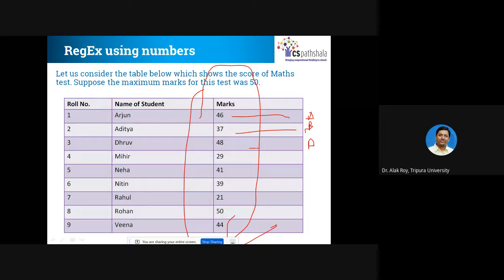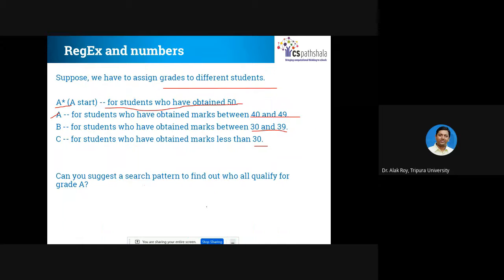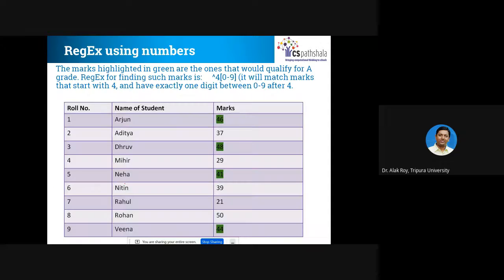Like 50 will be A star. Can you suggest a search pattern to find out who all qualify for grade A? How will you write the pattern? Arjun, Dhruv, Neha, and Veena are in grade A. So how do we write the expression here?